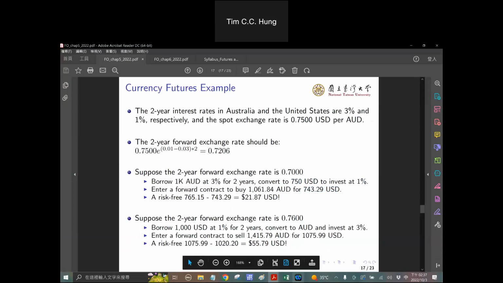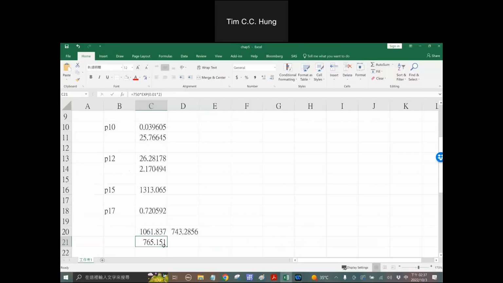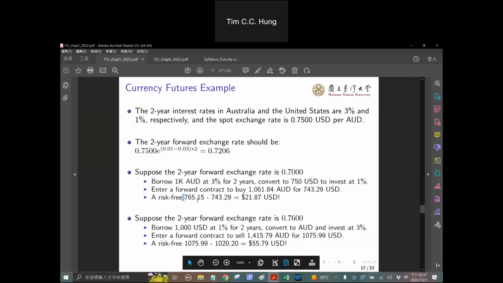As I mentioned, it will grow to 765.15 US dollars in 2 years. So now we have 765.15 US dollars, but we only need to use part of it, 743.29 US dollars, to buy this amount of Australian dollars to repay our original debt. At the end, we end up with an extra 21.87 US dollars. That is what we mean by an arbitrage opportunity.